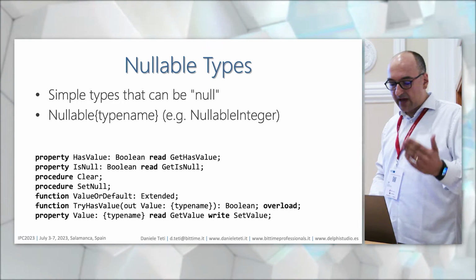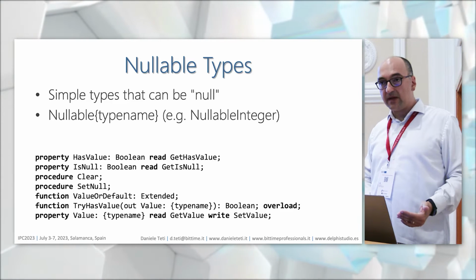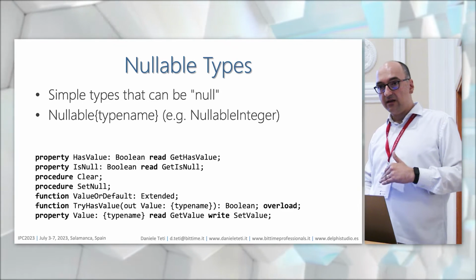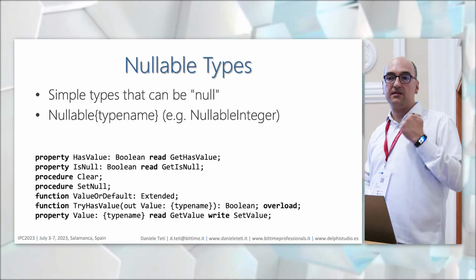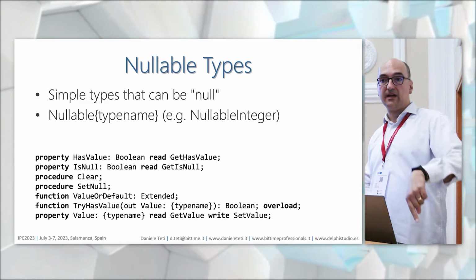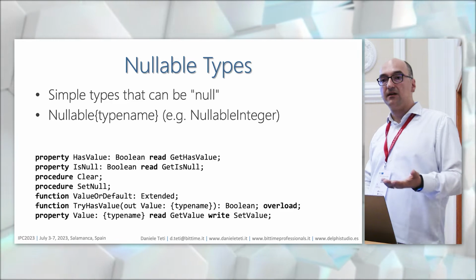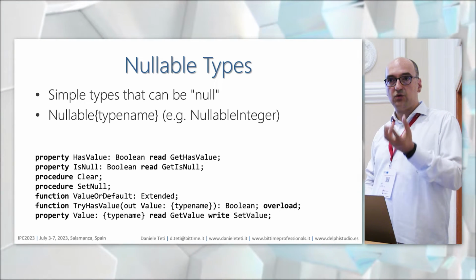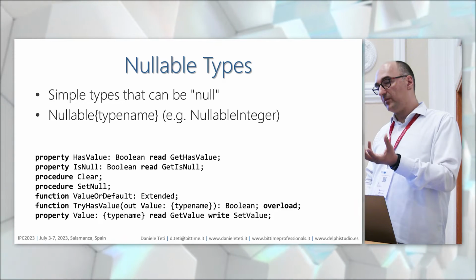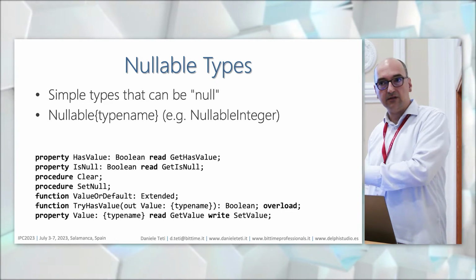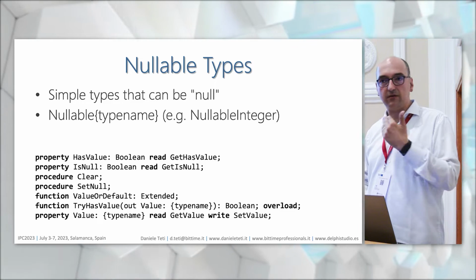Each nullable type has a set of methods and properties: HasValue, IsNull, Clear, SetNull, ValueOrDefault, which returns the value if present, or a default value for that type. For instance, a nullable integer can return the value stored internally, or the default for the type, which is 0 for an integer, or an empty string for a string, and so on.